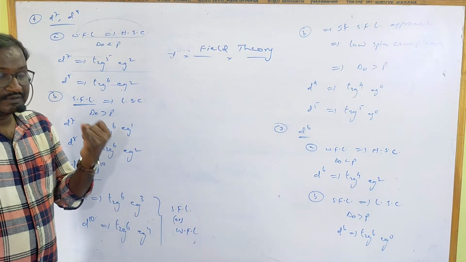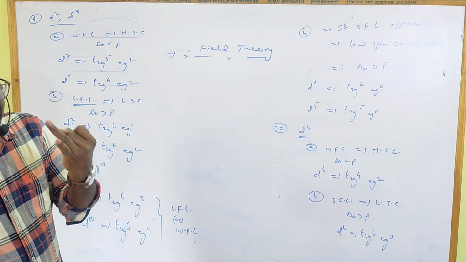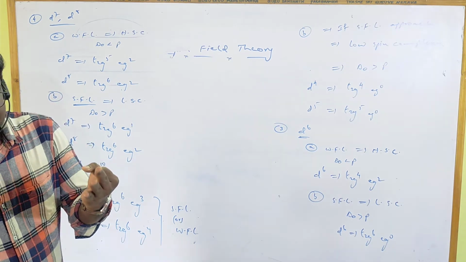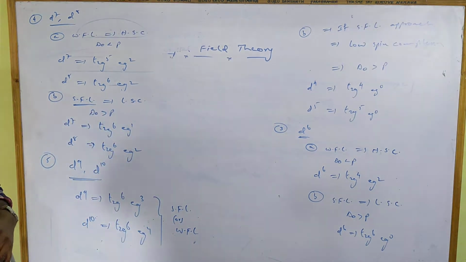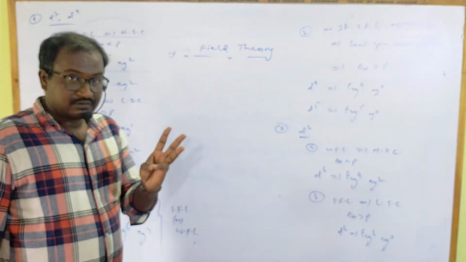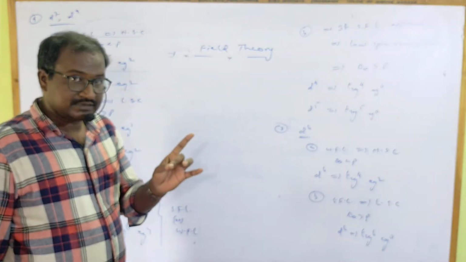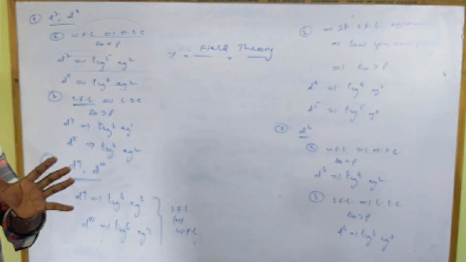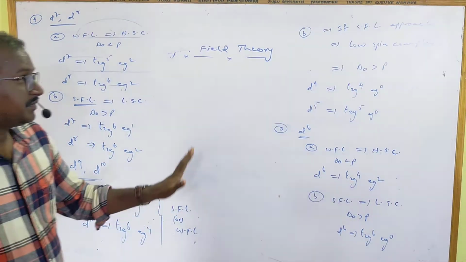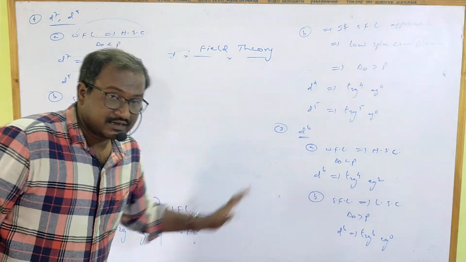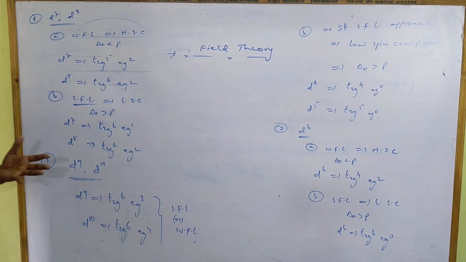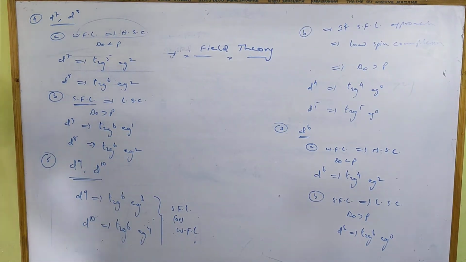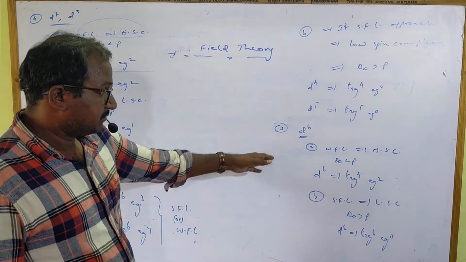But in case of D4, D5, D6, D7, D8, the configuration will change based on the ligands. If weak field ligands are present, one type of configuration. If strong field ligands are there, another type of configuration.